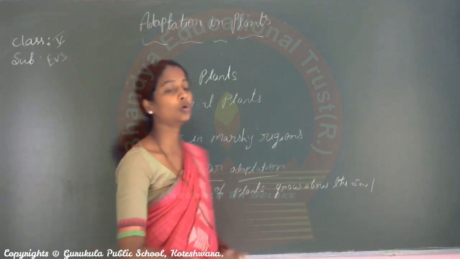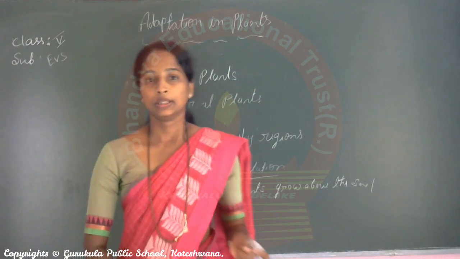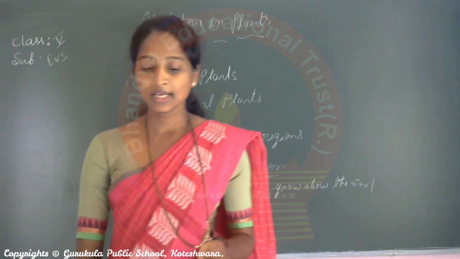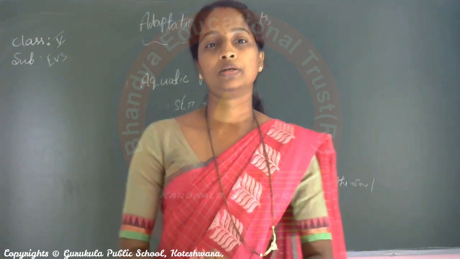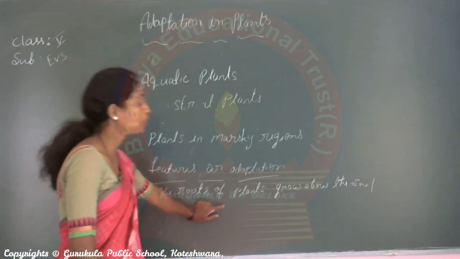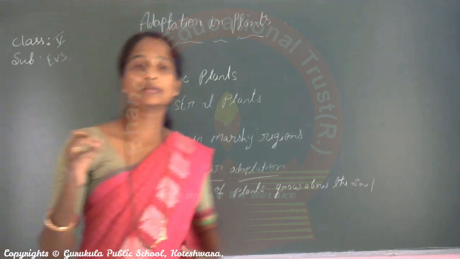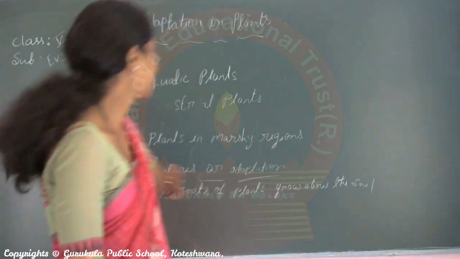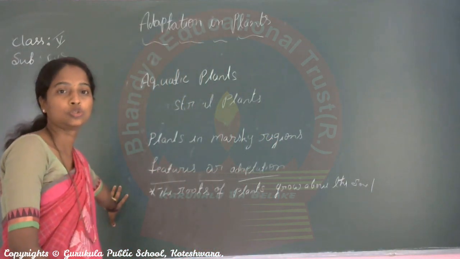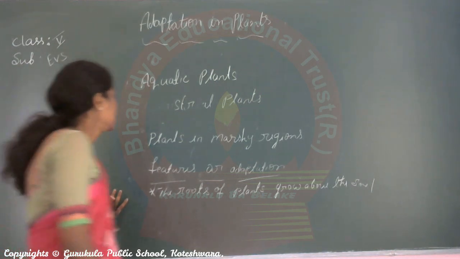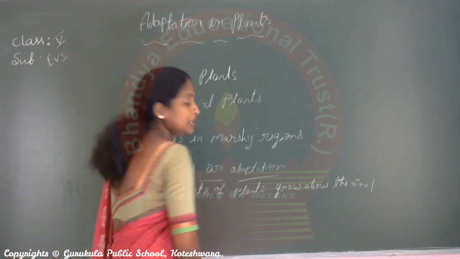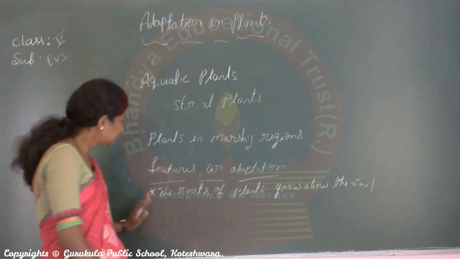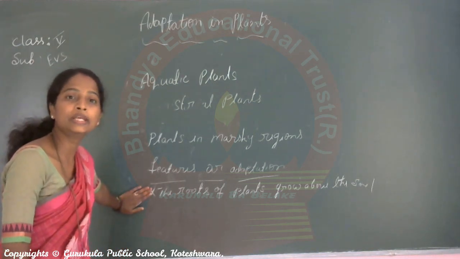The roots of plants grow above the soil and absorb the gases directly from the air. So they are called breathing roots. In this area, plants breathe through their roots. So they are called breathing roots.